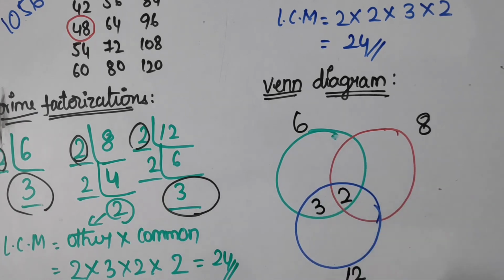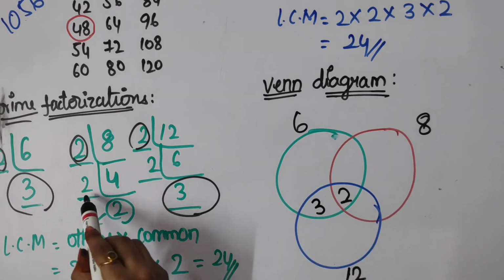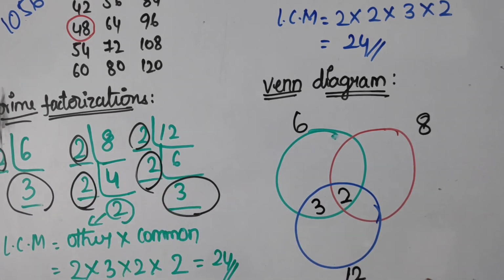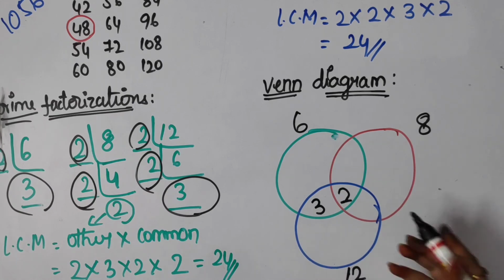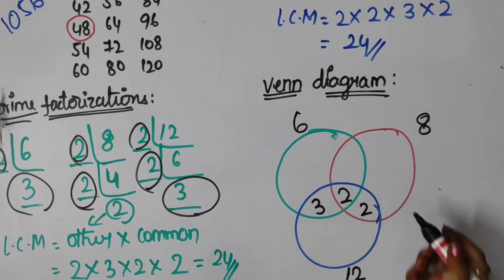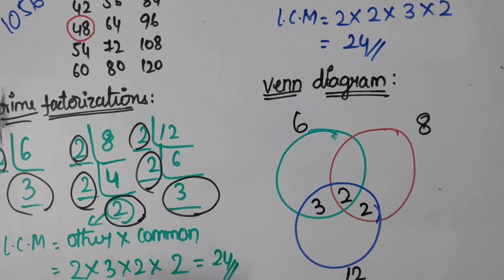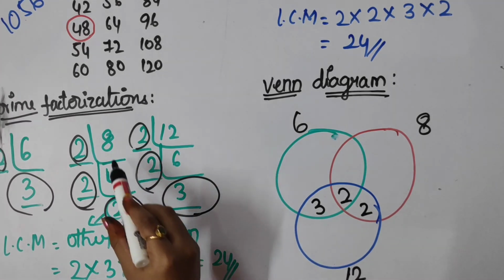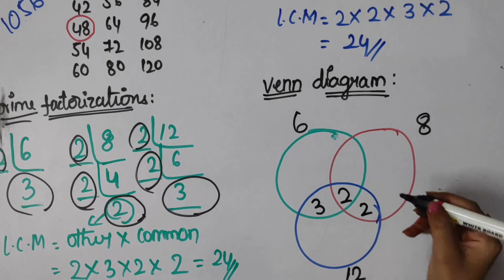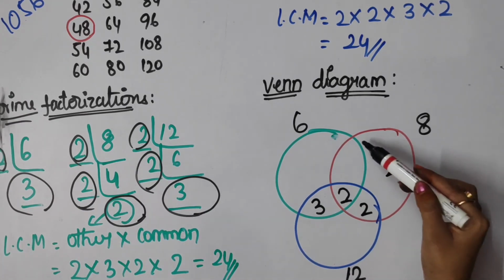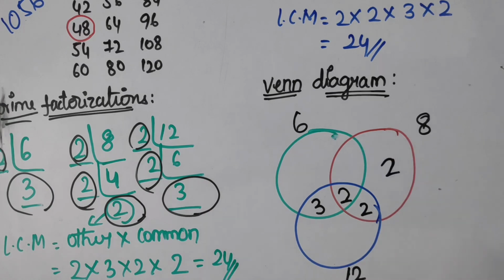I'm writing 3. Now 2 is common between 8 and 12. So the common space between 8 and 12 is 2. And the leftover one, which is not common for any of the 3, is 2, and it is the factor of only 8. So it is written here.